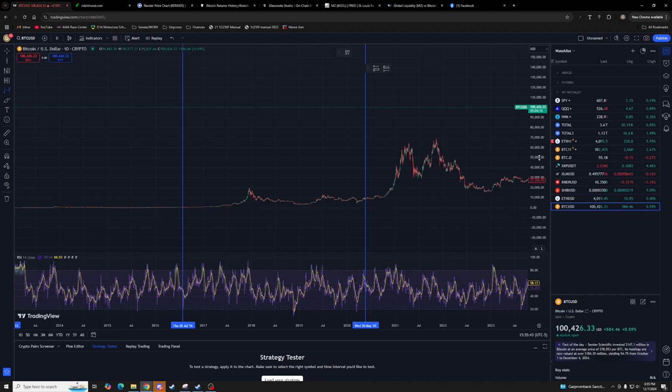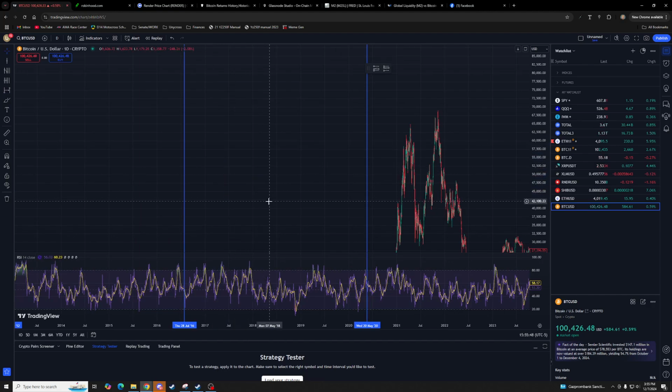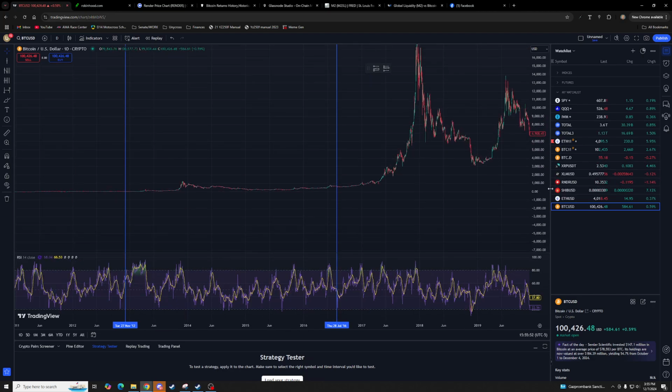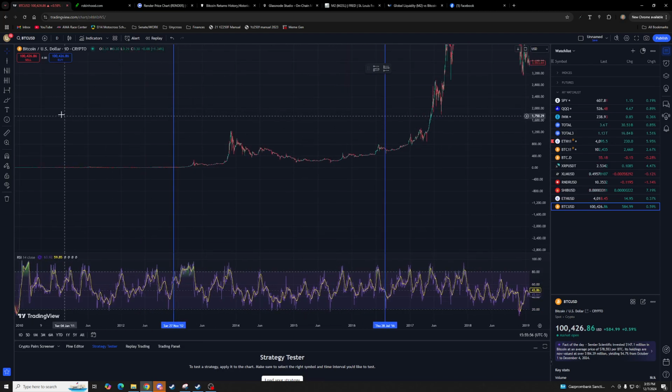I need to zoom in a lot more to do these old ones. Zoom, zoom, zoom. So here's the original one. Click the line, and we go to there. 368 days.